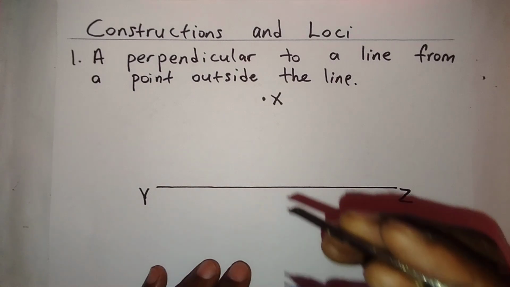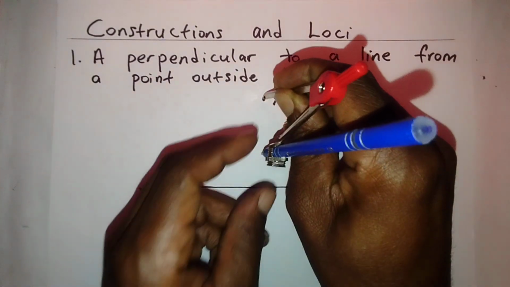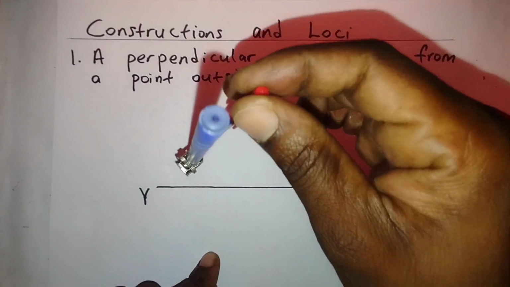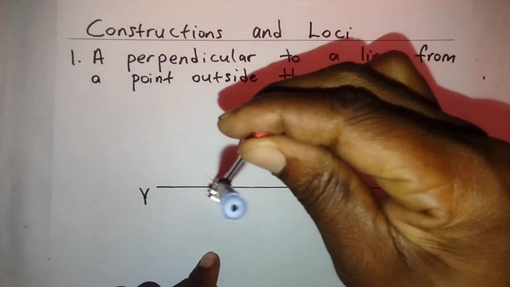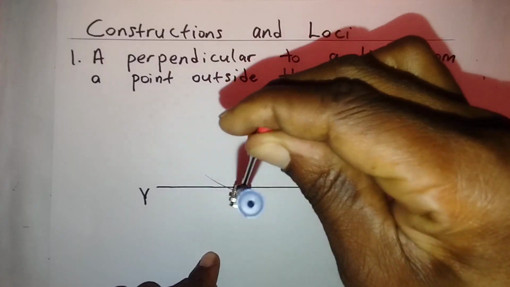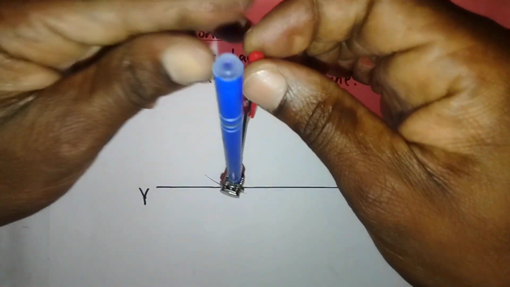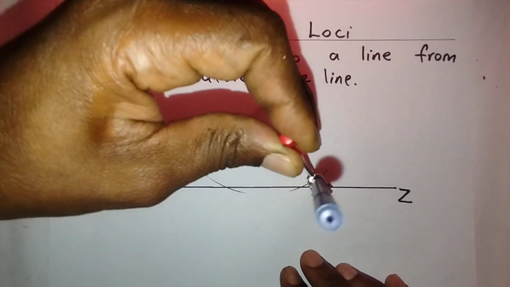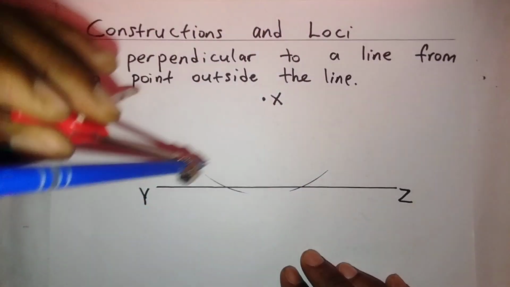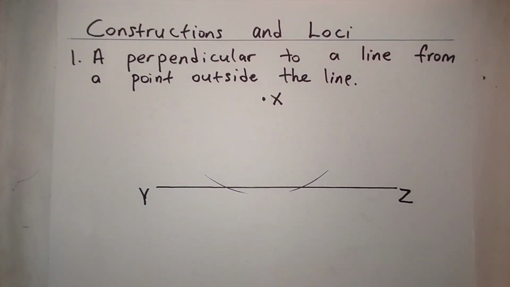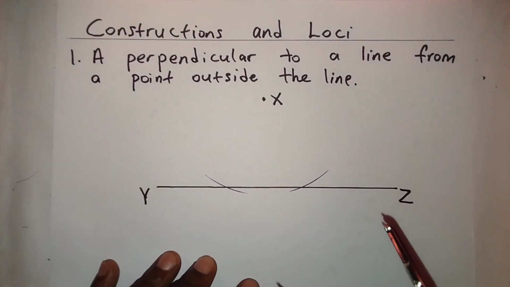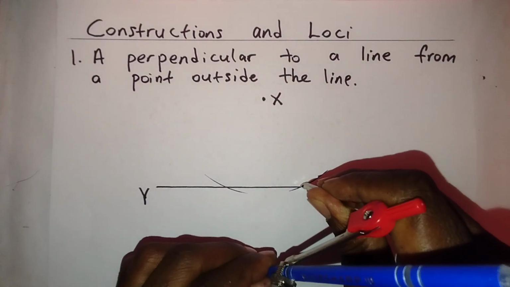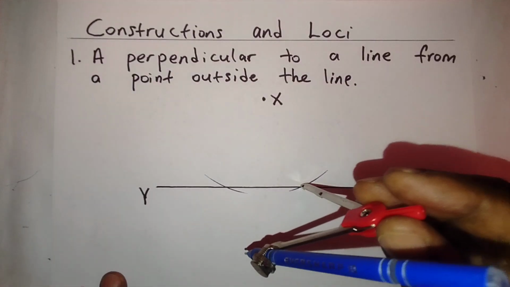With X as my center, I'll open a suitable radius so that I'll draw 2 arcs which cut the line YZ like this at 2 different points. Okay, then another arc on this side. After constructing these 2 arcs which cut the line YZ, with the points of intersection of the arcs and the line YZ as my new centers, you can change the radius if you want.